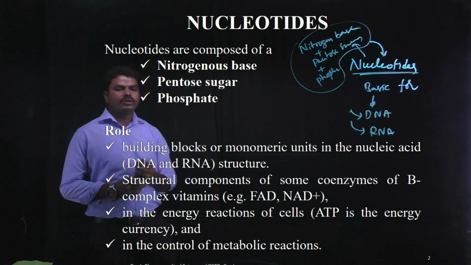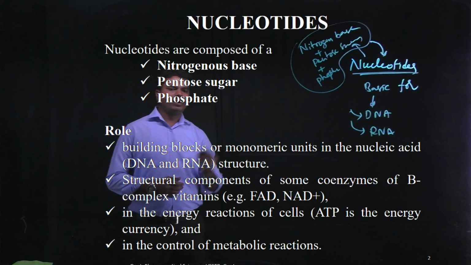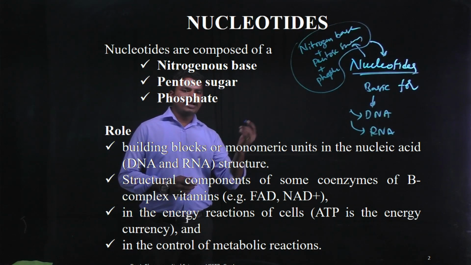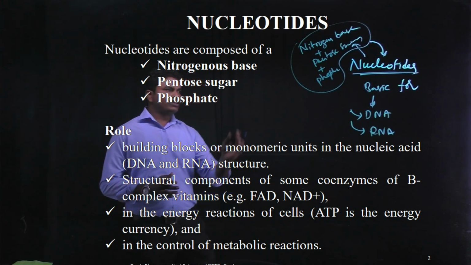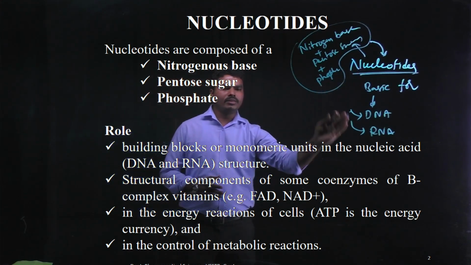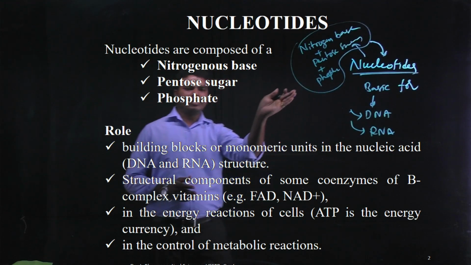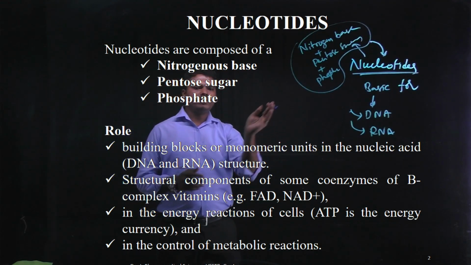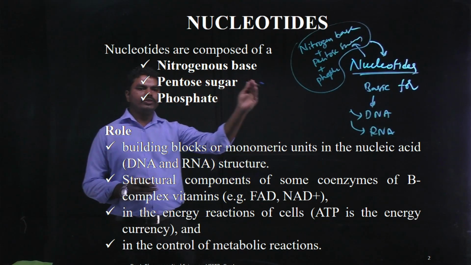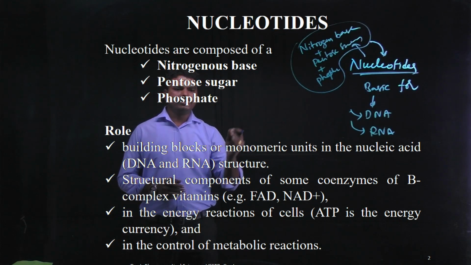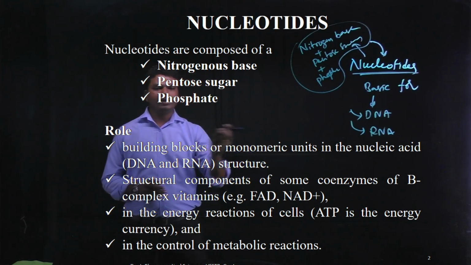These nucleotides are useful as building blocks, or they act as monomeric units in the nucleic acids. As I already said, the nucleotide is the basic material, or building block, of DNA and RNA, the genetic materials. So these are the monomeric units of the nucleic acids. Nucleic acids are nothing but DNA and RNA.